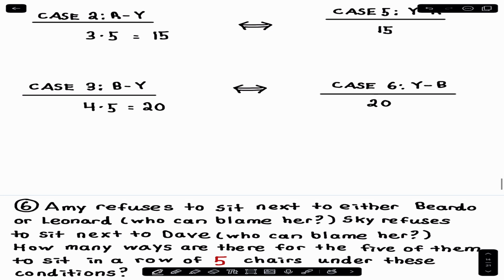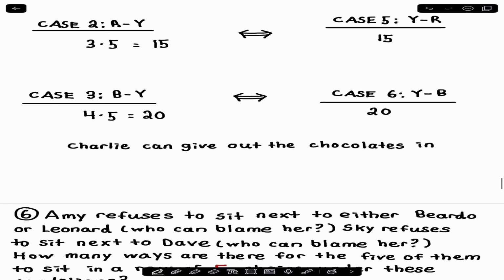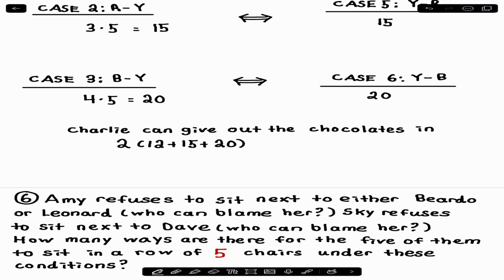This means Charlie can give out the chocolates in, let's add them up, 12 plus 15 plus 20 plus 12 plus 15 plus 20 again, so you can say there's 2 copies of those, so this just helps us save time, and we get a final answer of 94 ways.